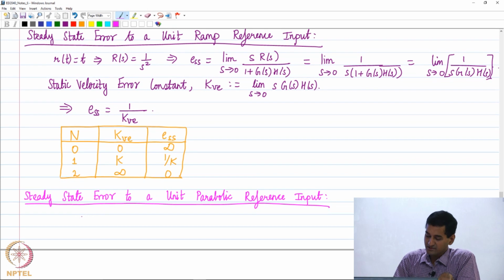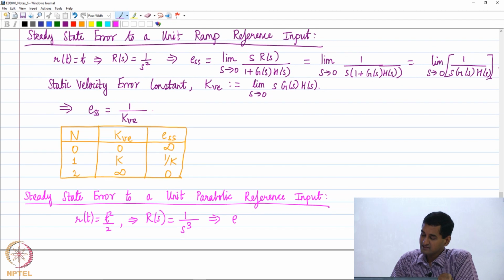Okay, so what is a unit parabolic reference input? This means that r of t is t squared by 2. So r of s is going to be 1 divided by s cube.